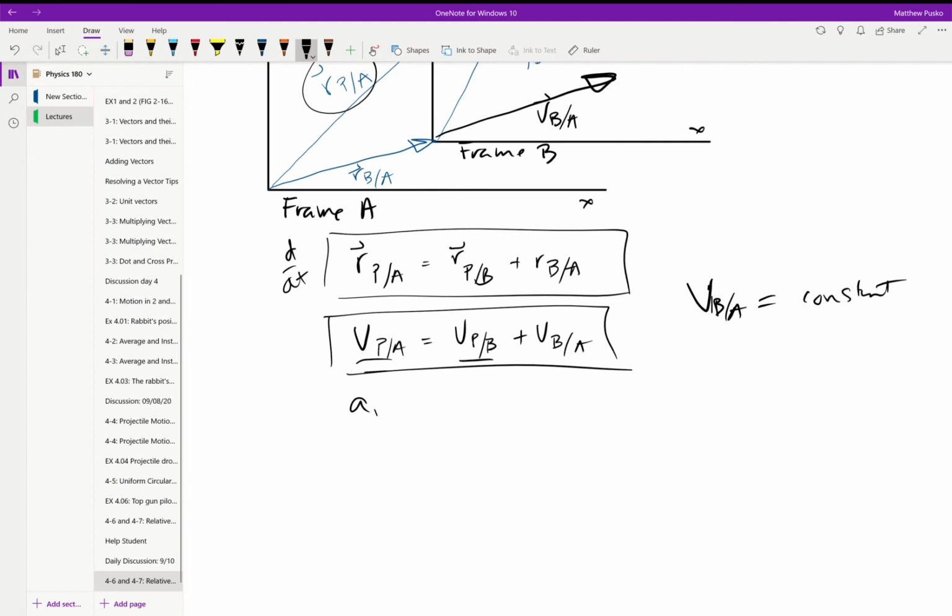We get an acceleration of P with respect to A. It's going to be equal to the acceleration of P with respect to B. So each observer, once again, sees the same acceleration. Okay, probably come back and do an example problem.